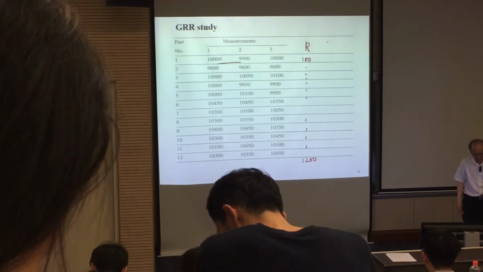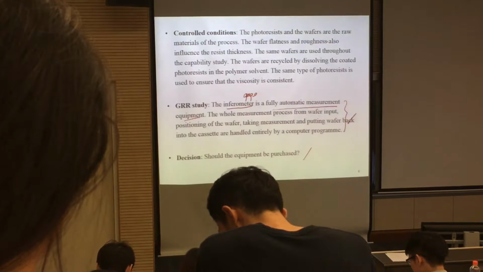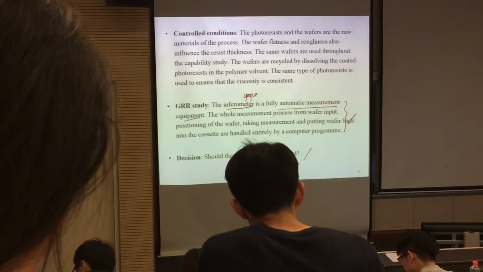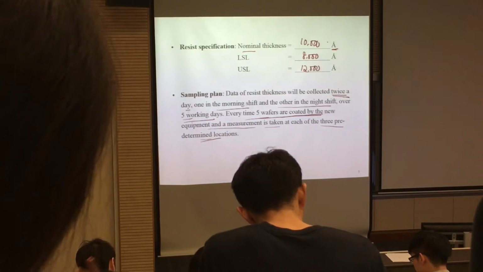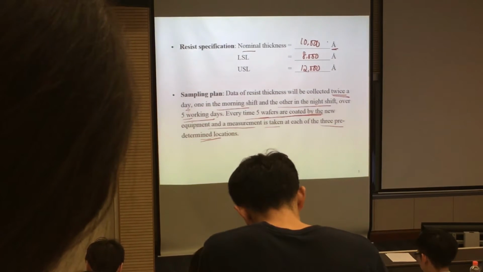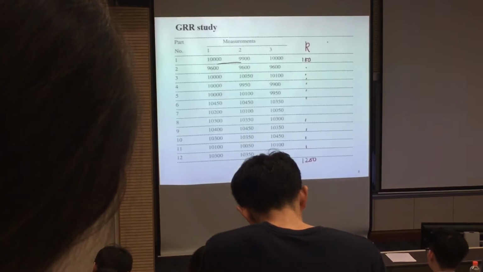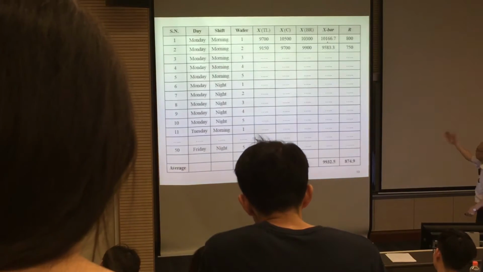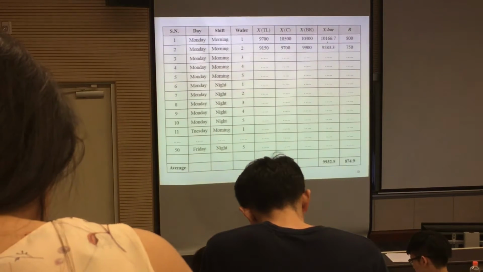So then the potential customer will go through the test, and collect all the data over 5 working days. And then I tabulate the measurements, which is given here. Next slide. This is the data for the control charts.